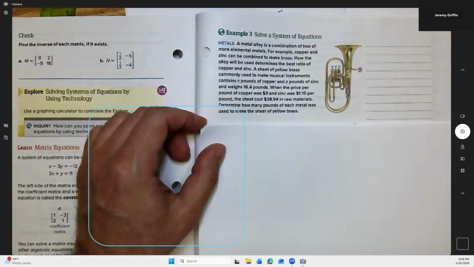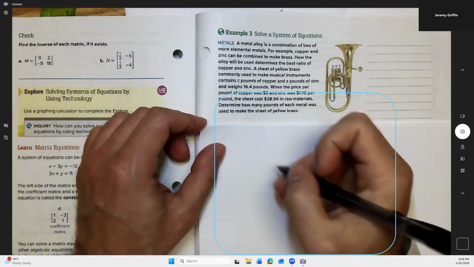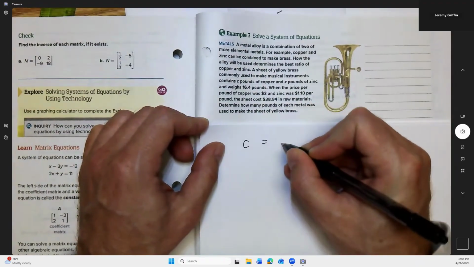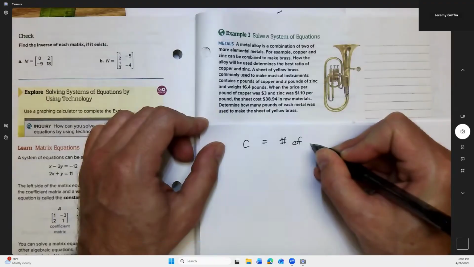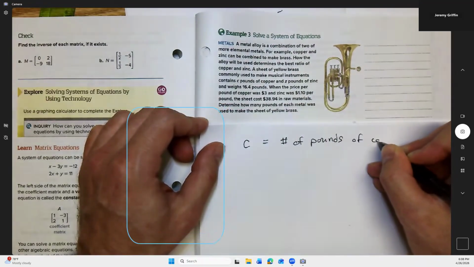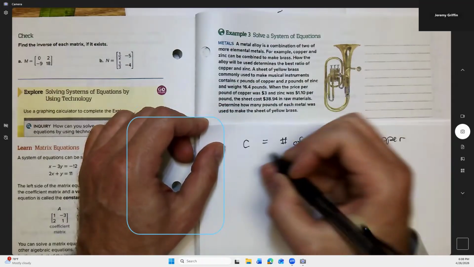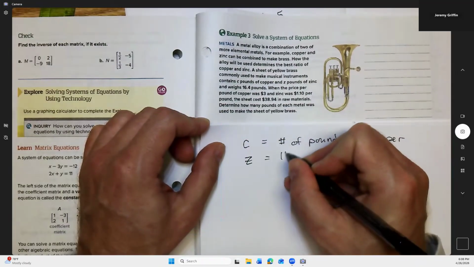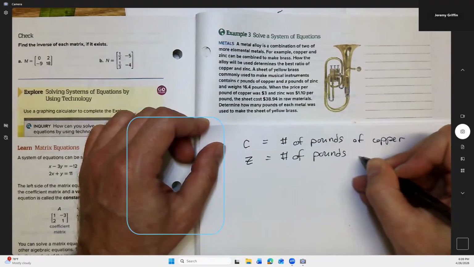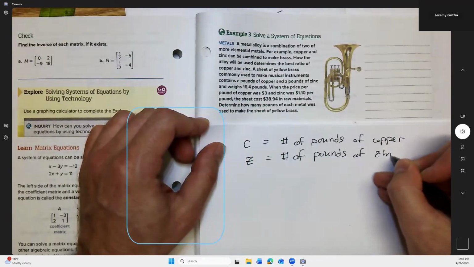So I'm going to say C equals the number of pounds of copper, and let Z equal the number of pounds of zinc.